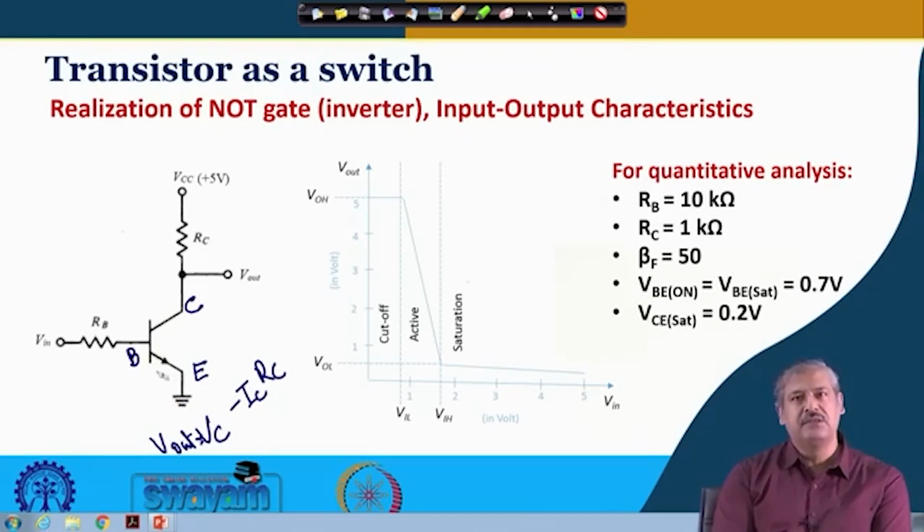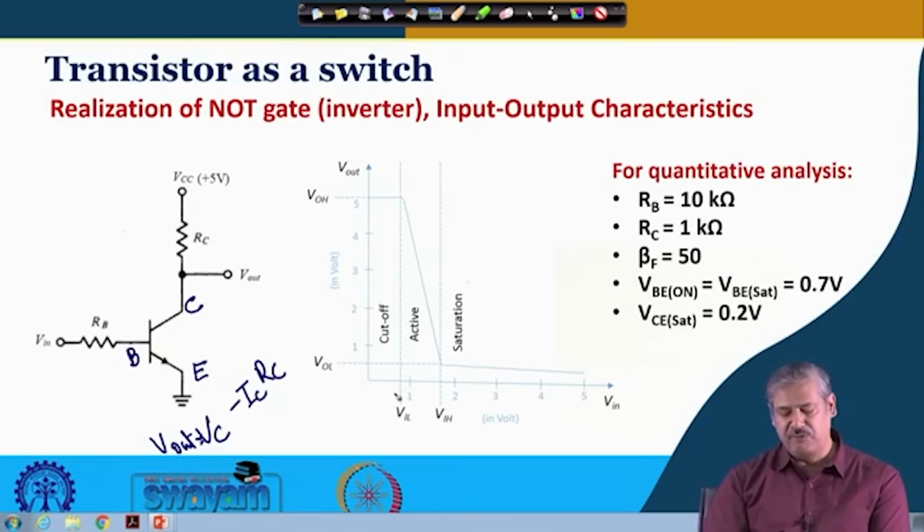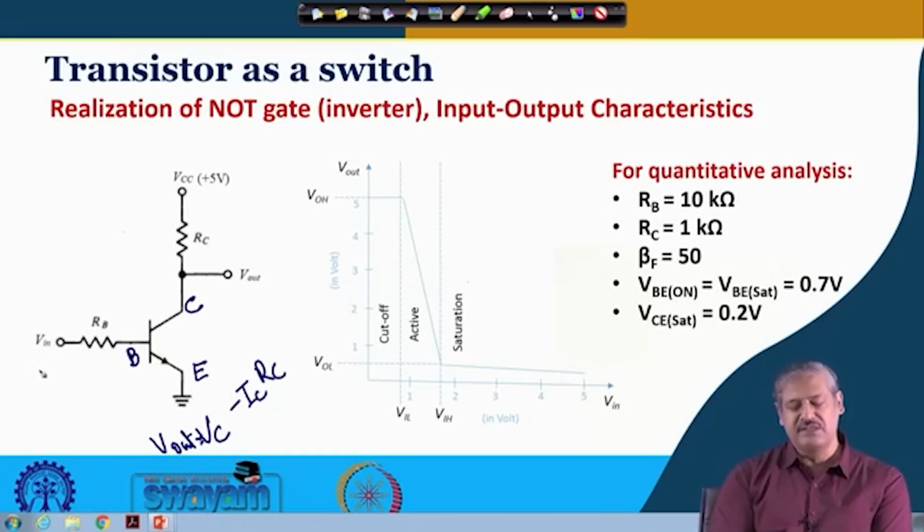when the base emitter junction becomes sufficiently forward biased, so that the transistor starts conducting. That maximum voltage we define in general as VIL. That means, VIL is the maximum of the input voltage which is considered low.